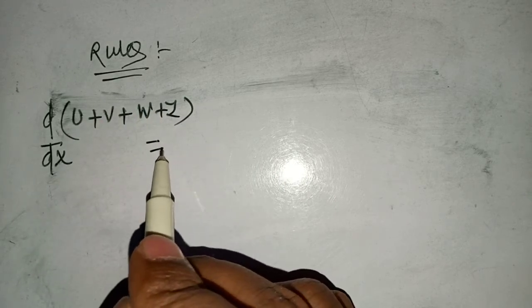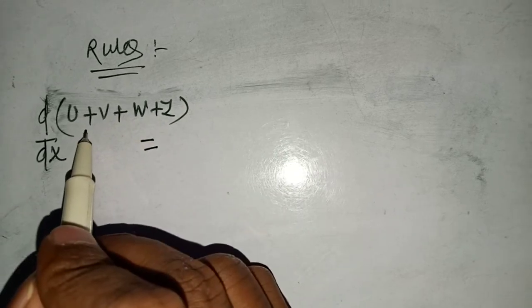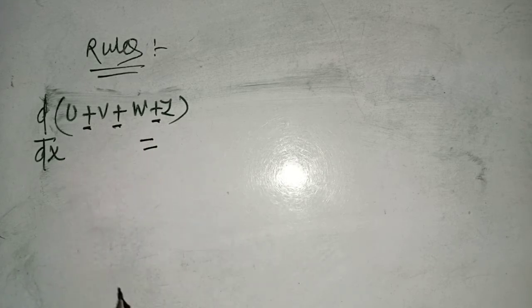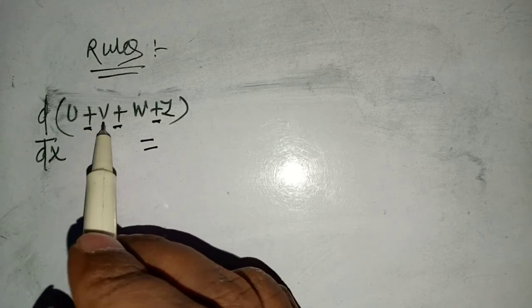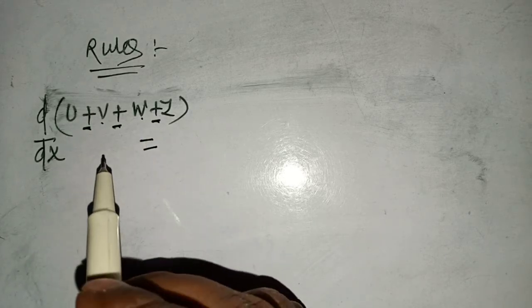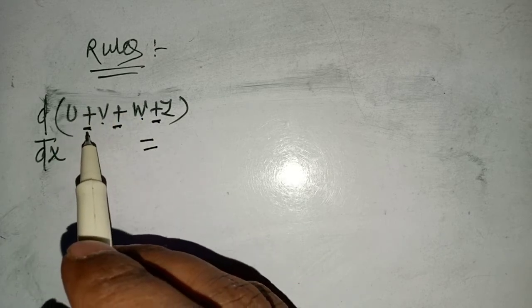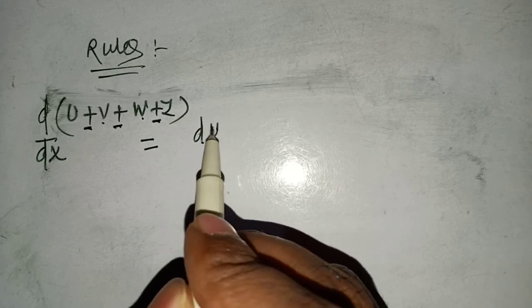The rule says first separate this. This is plus or minus, both, where u, v, w and z are functions. So first we will separate this.